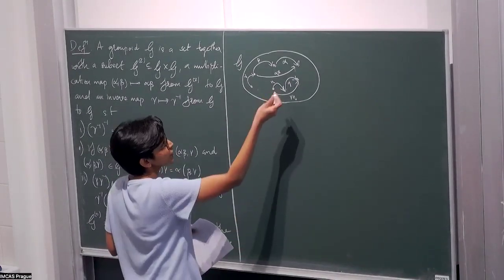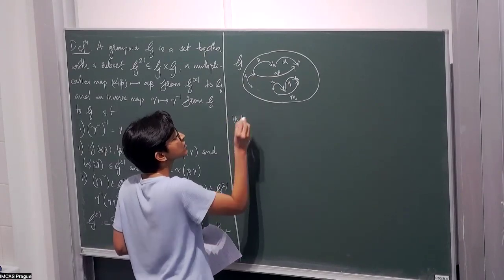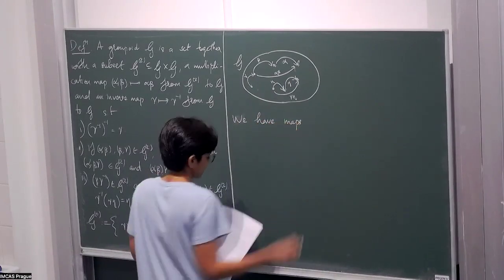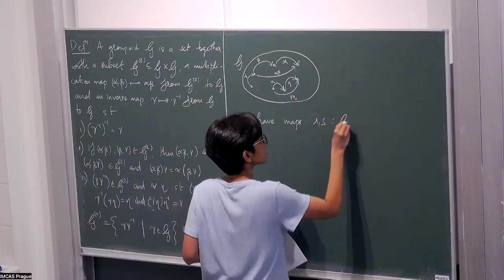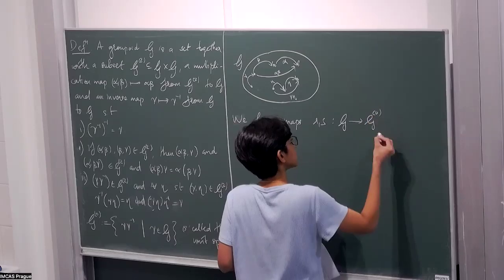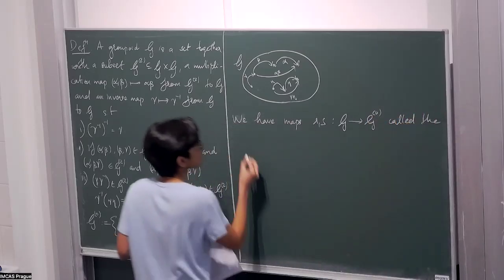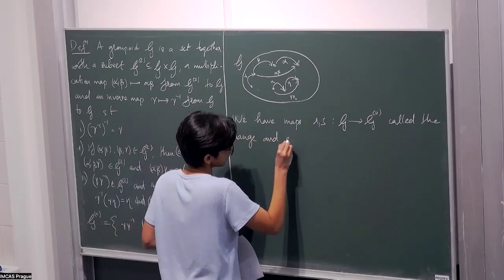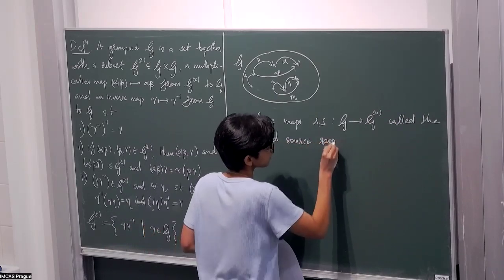We have, I already used the term, but for completeness, we can define the maps R and S that go from G to the unit space, called the range and source respectively.